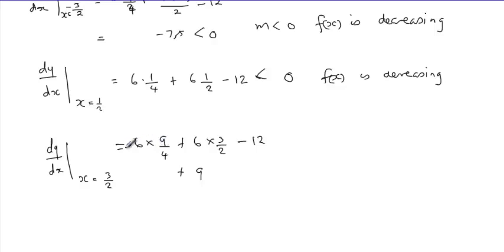And this is 6 times 9 is 54, isn't it? Divided by 4. What's your answer then? 54 divided by 4. 40 divided by 4 is 10. 10 plus 9 is 19 minus 12. This is greater than 0. I'm just doing an approximation again there, because you can't give me the exact number. So which means what? f of x is increasing.